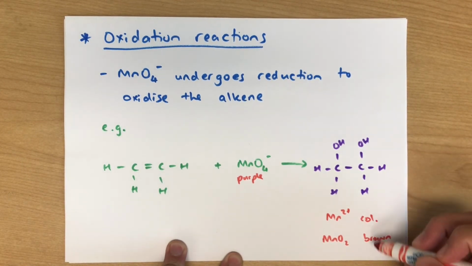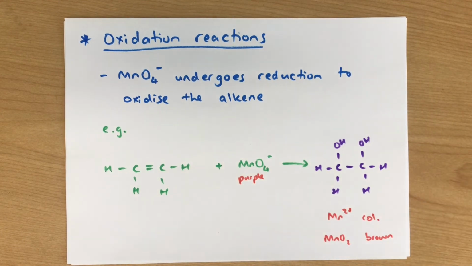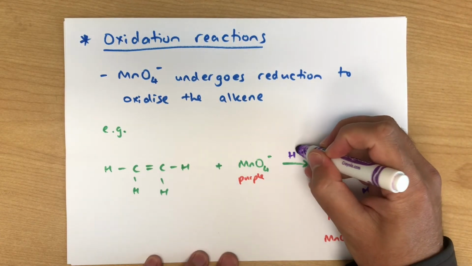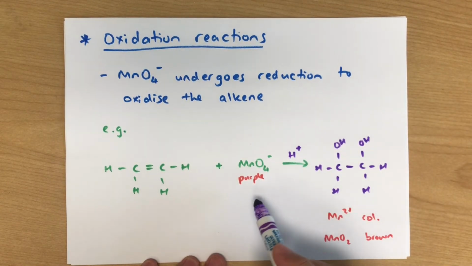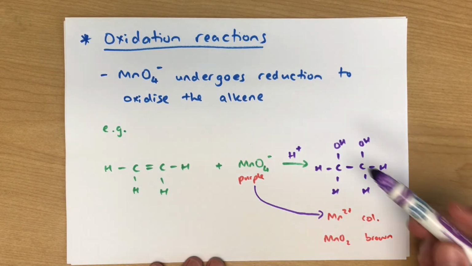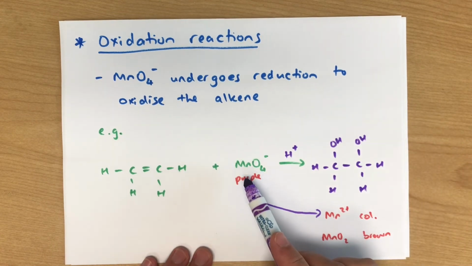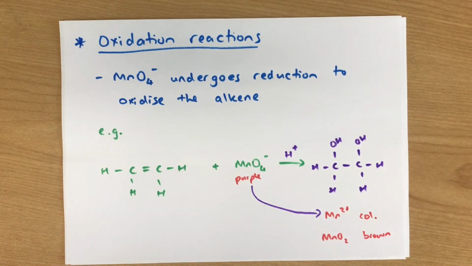The product that it will turn into depends on whether or not this reaction is acidified. If it's acidified and we have H+, then our purple permanganate will turn into our colourless Mn2+. If it's not acidified and there's no H+, then our purple permanganate will turn into the brown MnO2.